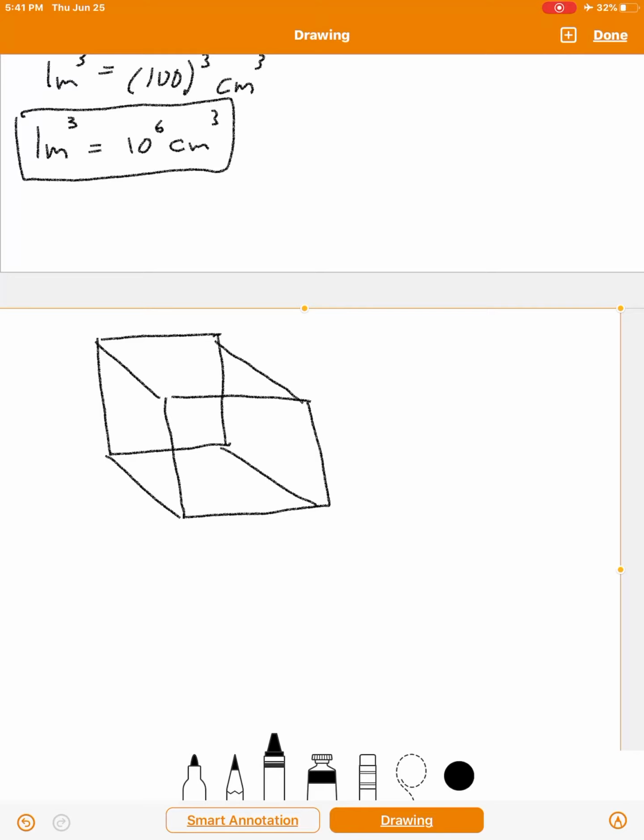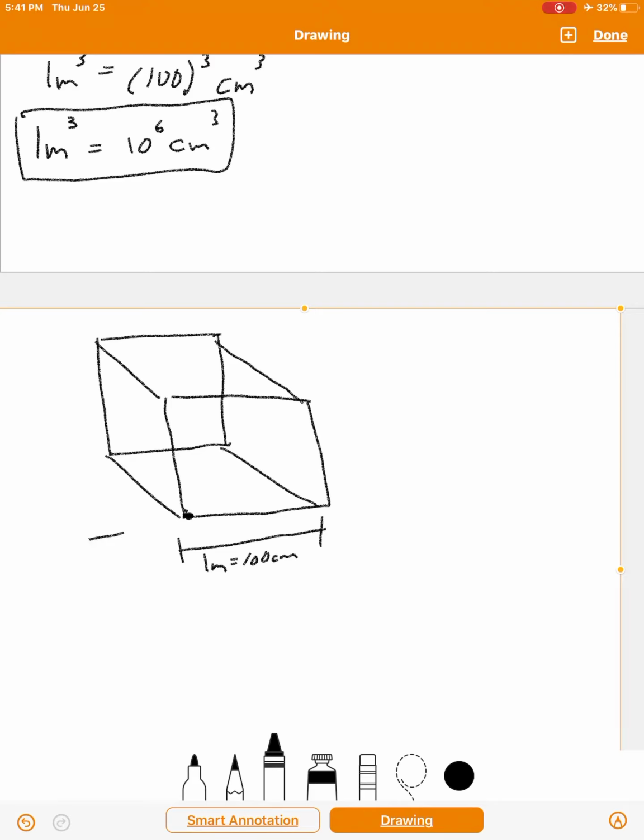Let me show you the centimeter. So here's our length. That's 1 meter, which is 100 centimeters. So a centimeter is only that long right there.